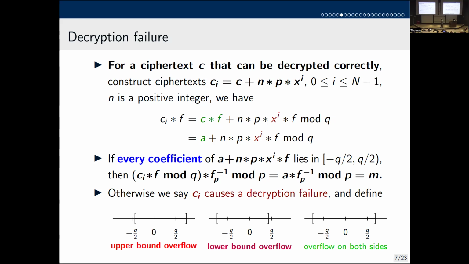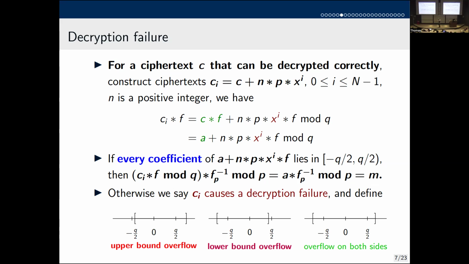Once you add those elements, at a certain stage when n is big enough, you will have a situation called upper bound overflow, which means one of the coefficients will jump over the modular bound. So when you do modulo Q, you will do one more modular Q operation. Therefore, your decryption will be incorrect.